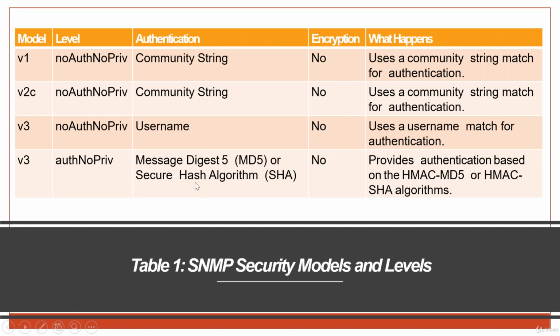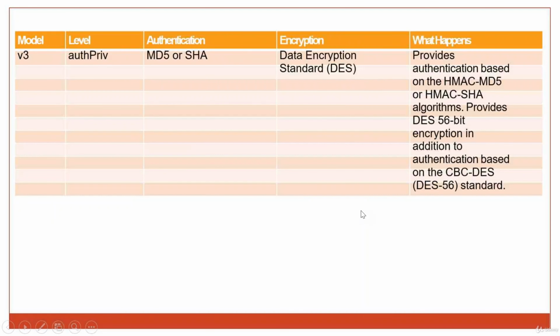At that time you have MD5, maybe SHA, and they will do the authentication. And finally it has auth and priv, where you are using both MD5 and DES as data encryption. Okay, so these are the versions we have related to SNMP.